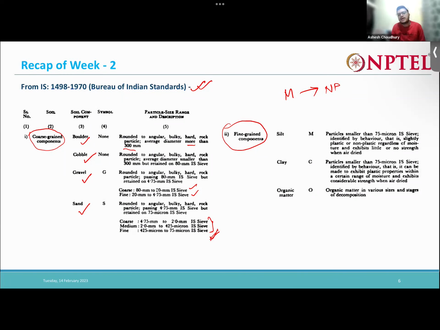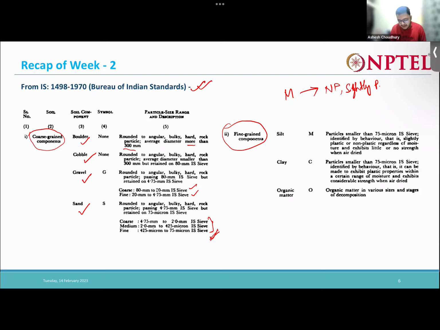So if it's given in the question that the fine grained soil is non-plastic, you can directly identify it as silt. Silts are mostly non-plastic, but they might be slightly plastic.